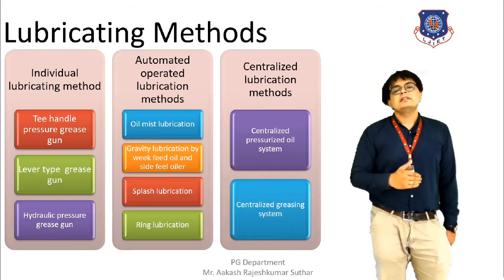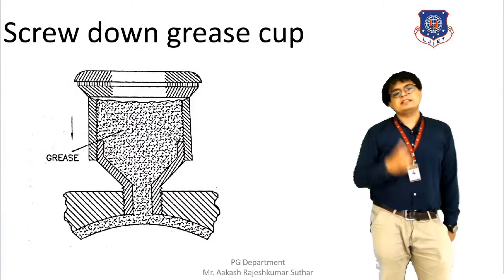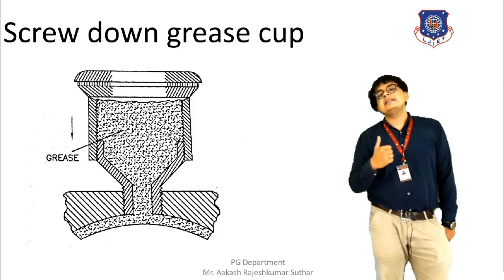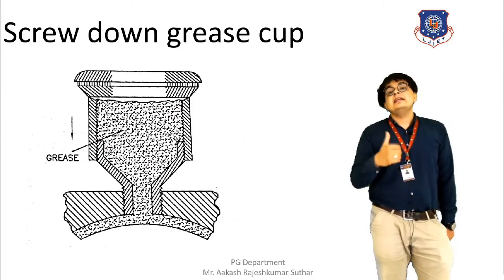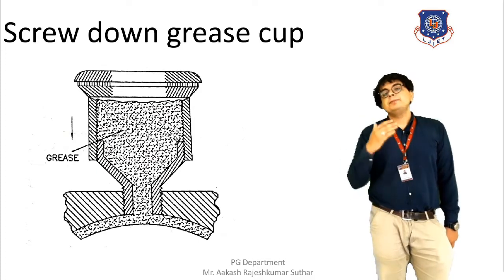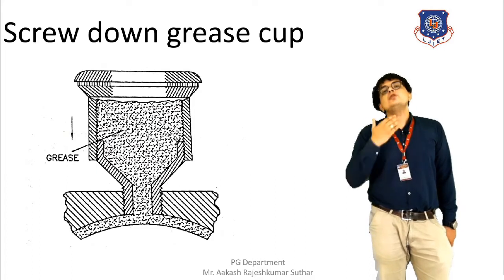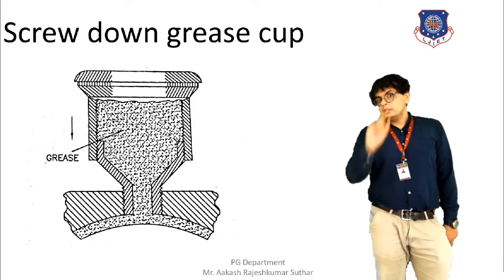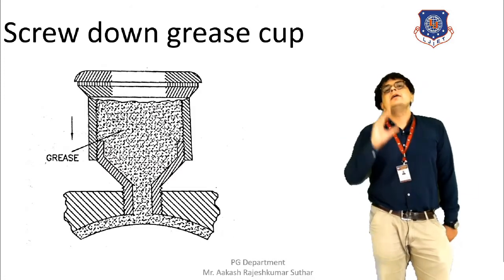Let's discuss further. Moving towards the first, that is the screw down grease cup method. This is a very handy method. A person can operate it manually, or you can say he can manually apply lubrication as required. This method is mainly used for small scale lubrication.